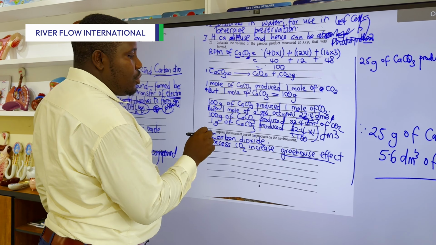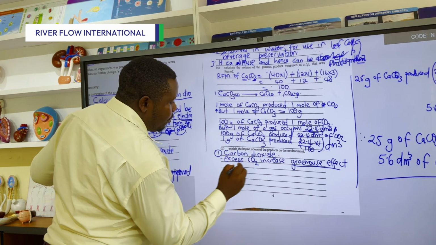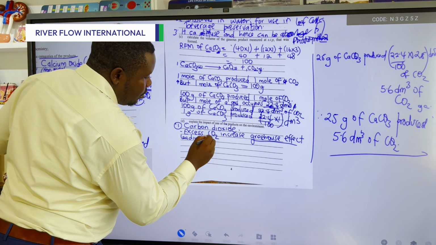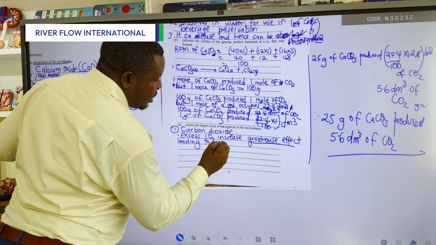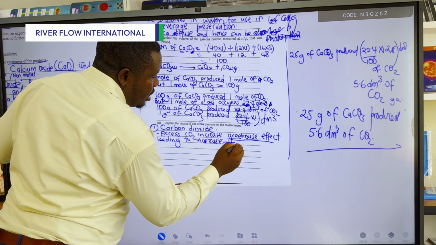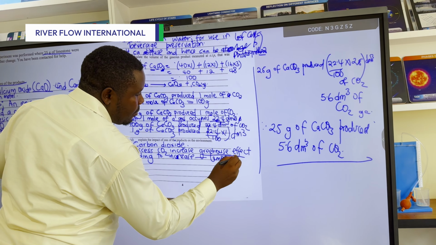Why? Because carbon dioxide itself is a greenhouse gas, and therefore leads, for example, to an increase in Earth's temperature.